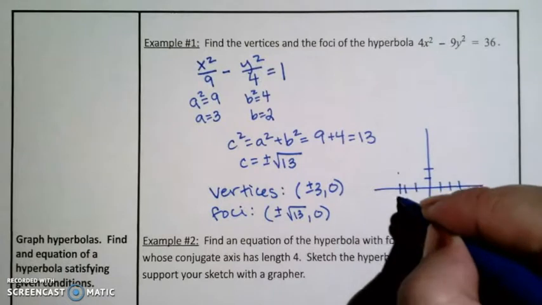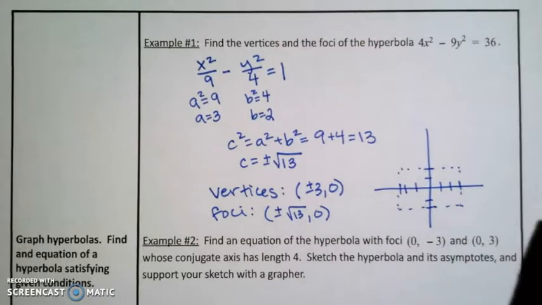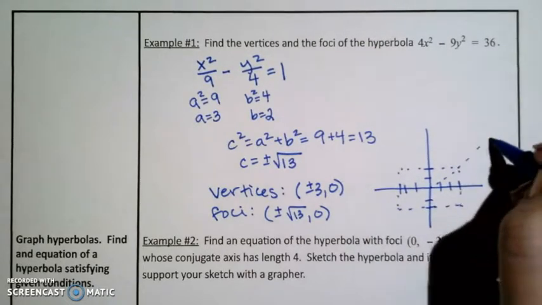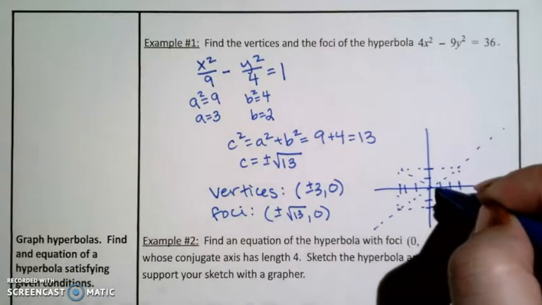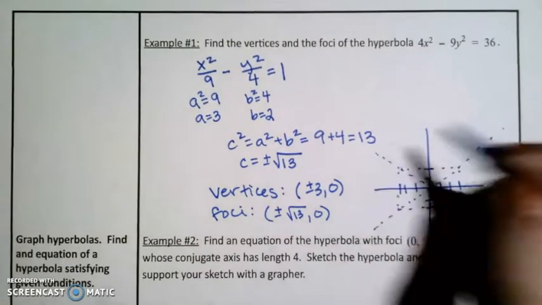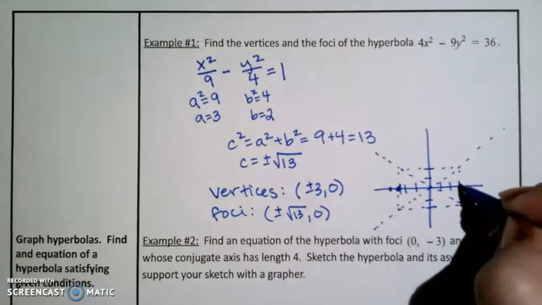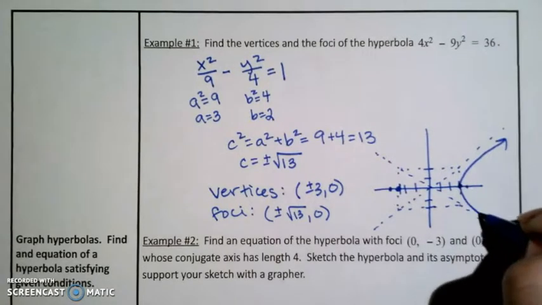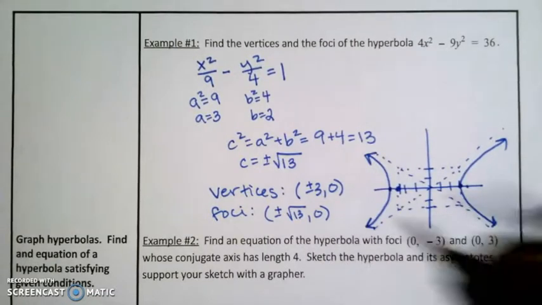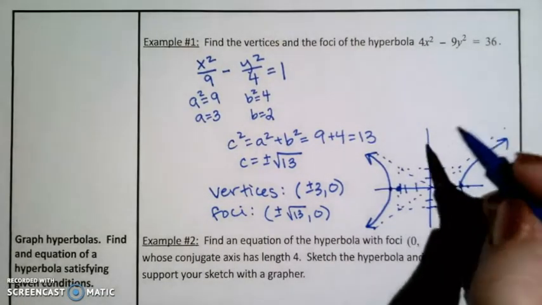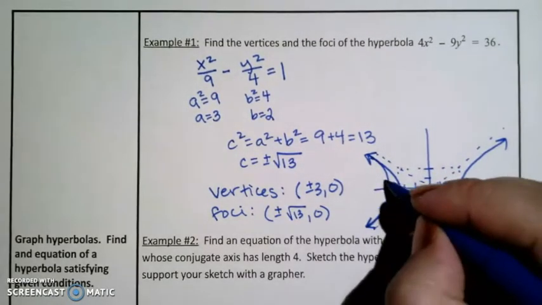Here is the box, and that means my asymptotes go from the center out through each of the corners of the box. My vertices are here, my foci are just outside of them, and my hyperbolas go from the vertex along the asymptotes. Sorry, that went through a focus. It should have gone through the vertex.